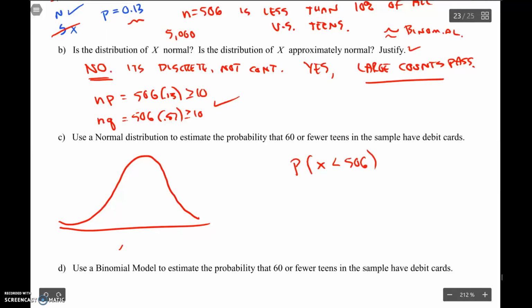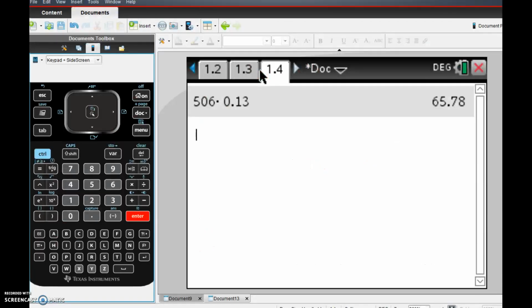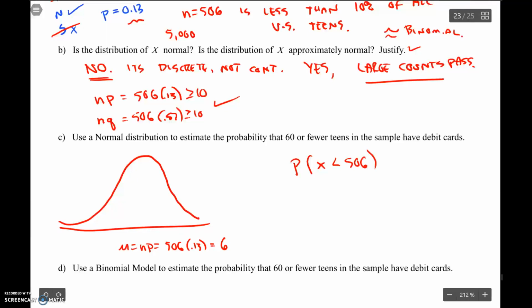I need to calculate the mean. The mean is n times p. It's the mean of the binomial, which is 506 times 0.13, which I calculated up here was 65.78. Standard deviation, that's going to be the square root of npq. Again, binomial model.